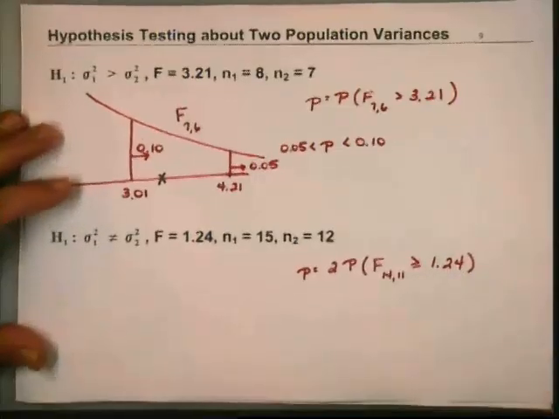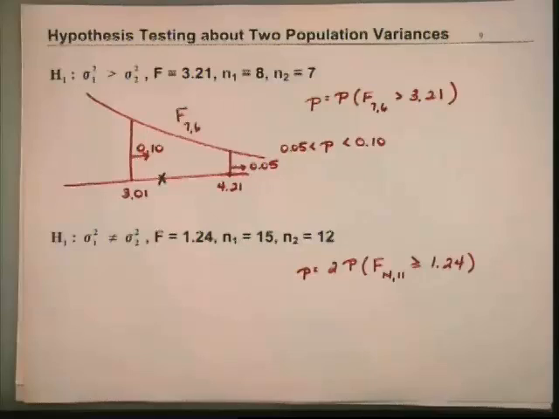That's what I need to look up. So go to the row for 11 degrees of freedom, column 14, to find the two values between which the calculated value 1.24 falls.